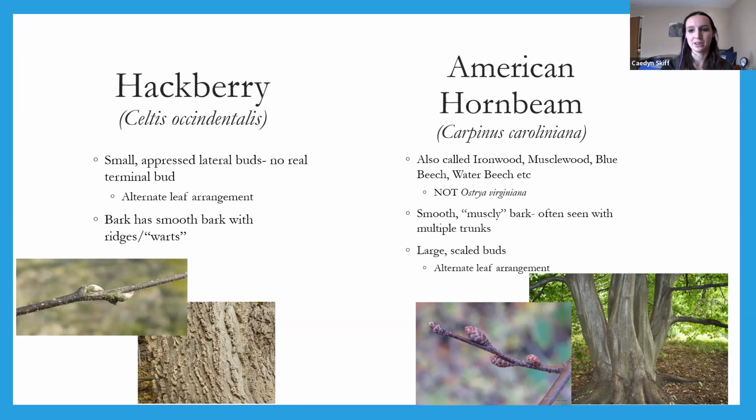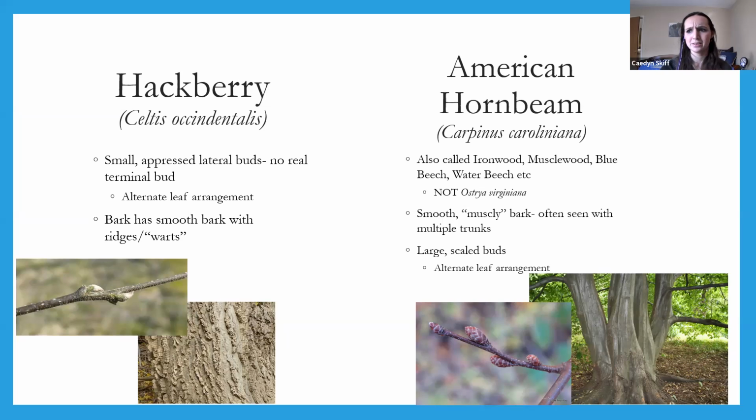But yeah, you'll hear it called ironwood, musclewood, blue beech, water beech. It's got all kinds of fun common names. And the reason that it can be called ironwood or musclewood is because that bark kind of looks muscly. It kind of looks tendony, and it's a really cool, smooth bark. A lot of times it does have multiple trunks.